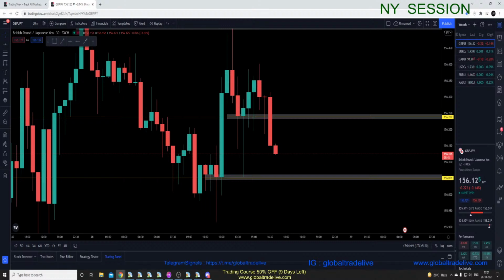Just reduce your risk and see whether your trade goes your way, whether your trade respects your analysis or not. So these are the few advices I can give to a new trader or any kind of trader. Even if anybody is an experienced trader, these are the few things which we need to keep in mind while we trade.